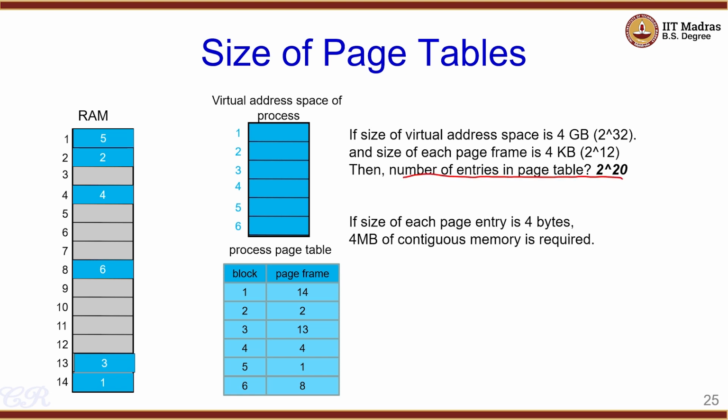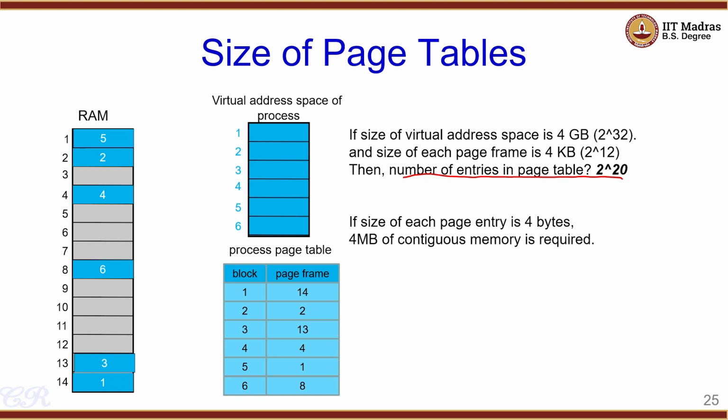How do you get this? Because essentially we have a virtual address space of 2 power 32 divided by the size of each frame, which is 2 power 12, and therefore we have 2 power 20 entries in the page table. In other words, this particular page table is going to have 2 power 20 entries, right?